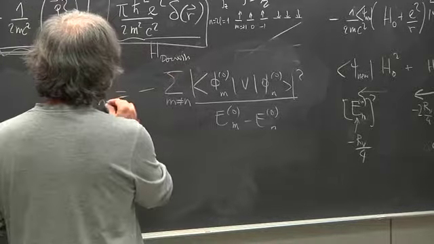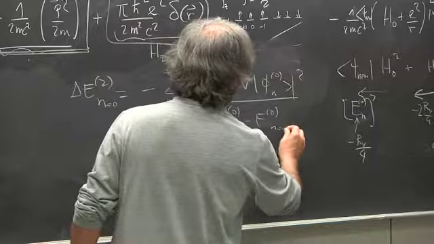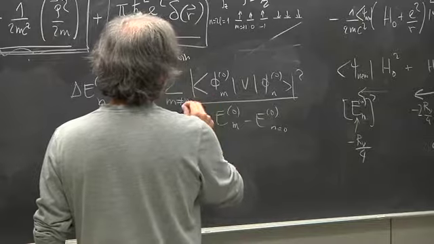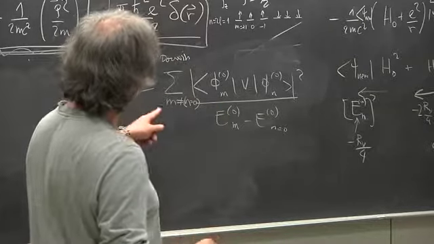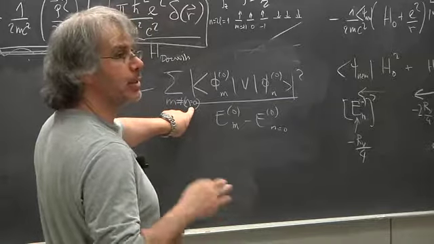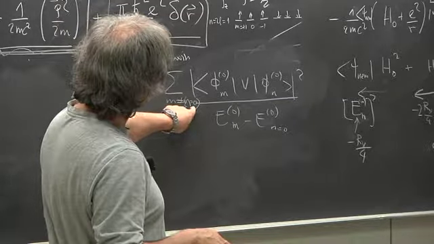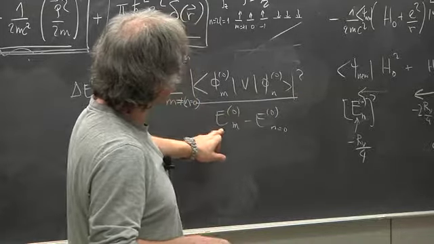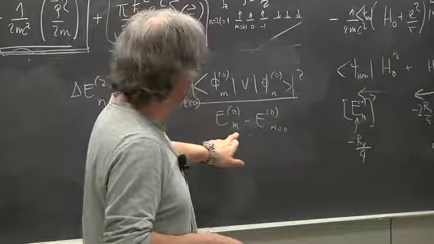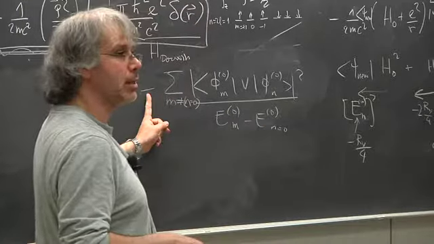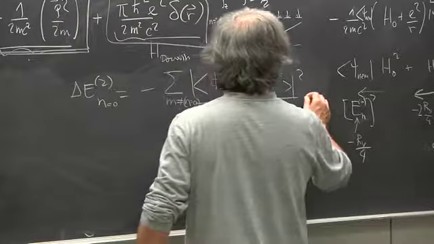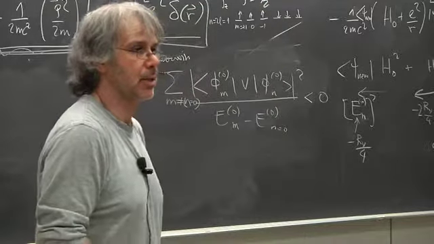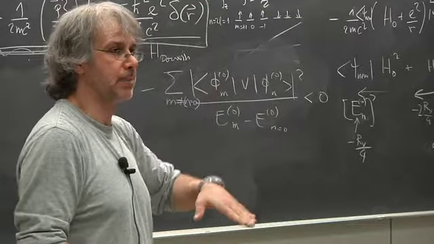If you take n equals 0, this means here you put the ground state unperturbed. So you have to sum over all other states than the unperturbed state, n equals 0, with the matrix element that is certainly positive, divided by a number that is positive, and there is an overall minus sign. So this result is for sure negative. That's it. This is the only thing that is behind. Okay? So to second order it is shifted down.